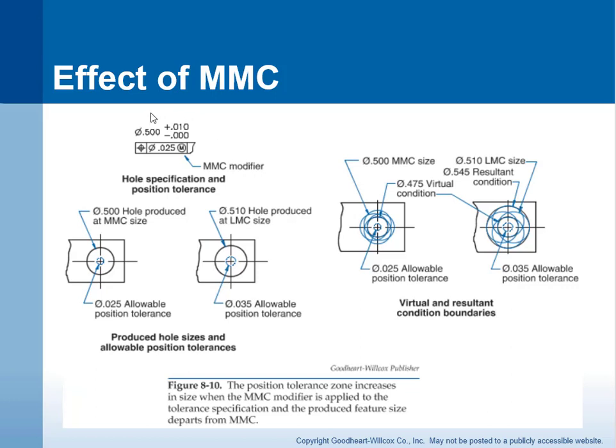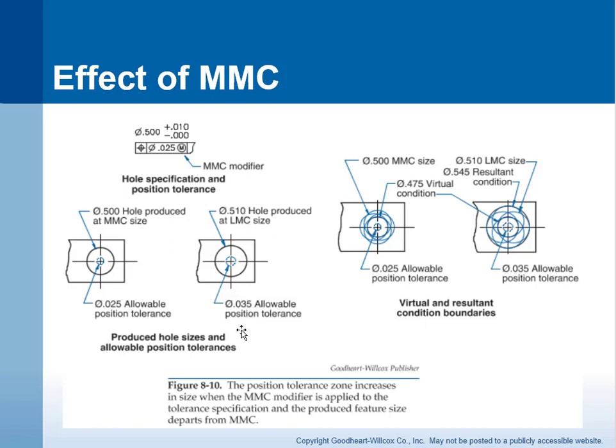Here we have a position tolerance for a hole with the MMC modifier. I have 25 thousandths allowable position at the MMC, but then as my hole varies up to the least material condition, I add tolerance.